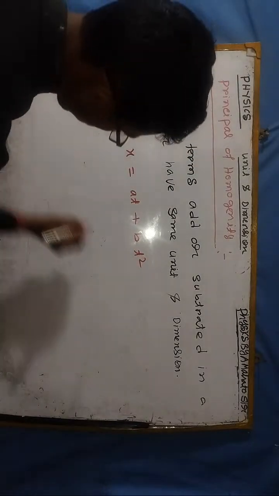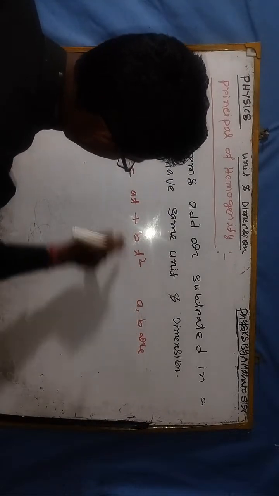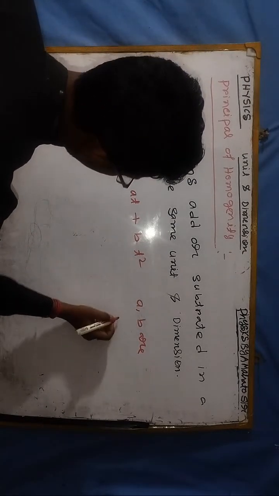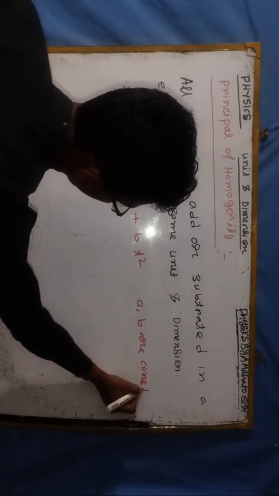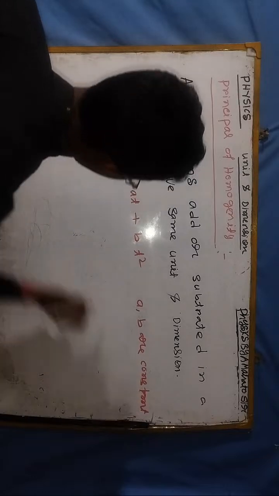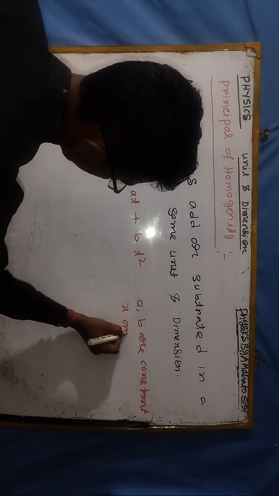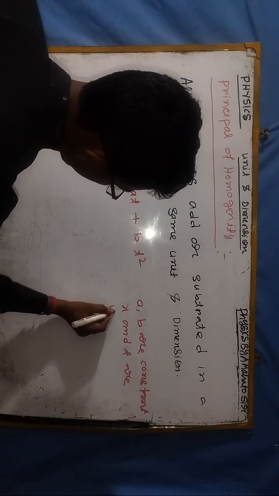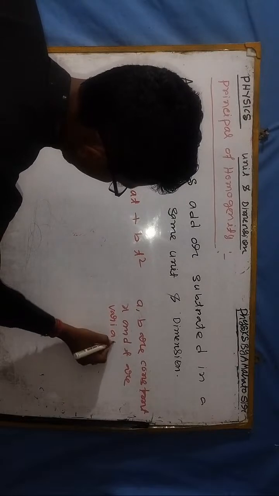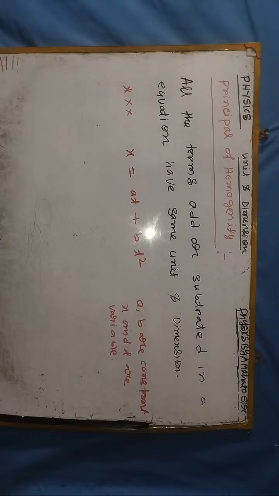Here a and b are constants, and x and t are variables.